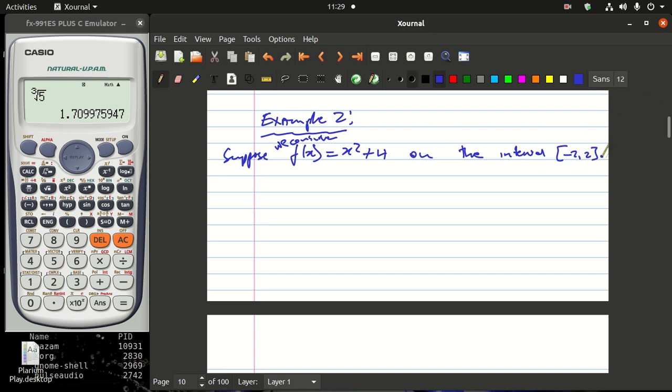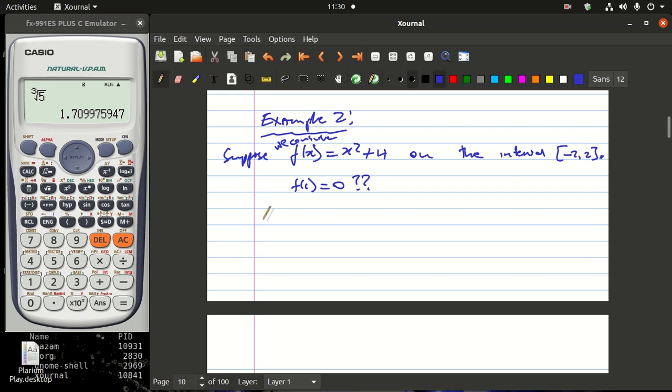Now, I want to know if one of the roots of this function is contained inside there. So the question is, is there any value c such that f of c is equal to 0? Is there such a value c contained inside there?